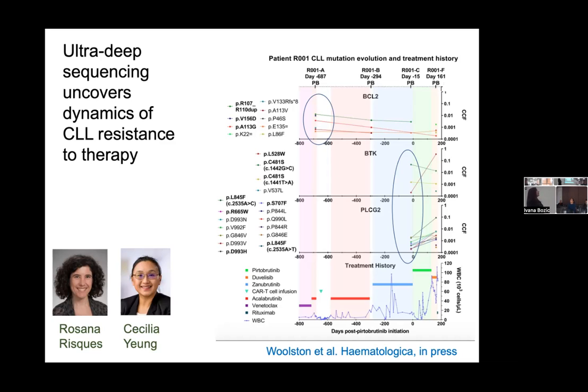But there were no mutations in BTK or PLCG2, which give resistance to BTK inhibitors. However, after treatment with BTK inhibitors, at this later time point, we see mutations again in both of these genes. So basically, exactly as we would expect from our theoretical predictions.